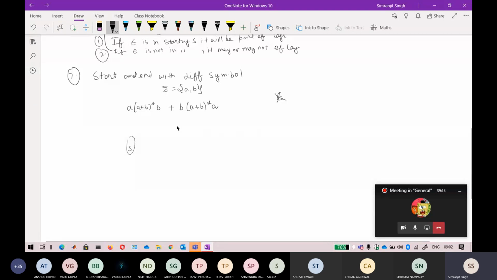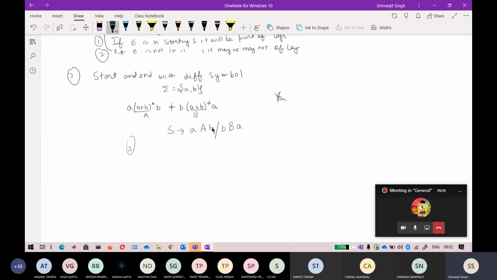So what you do, you start with the start symbol, and it will be starting with the a. Then there is another variable, so you write a here, you write b here, anything, you can use anything. So write a, and then a small b, and then a slash here because there is an or, and then starting with b, then another variable, and then a.